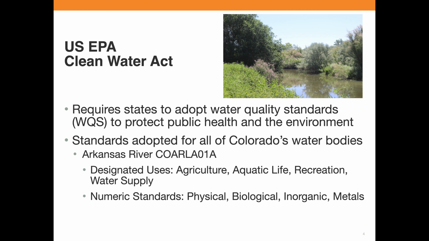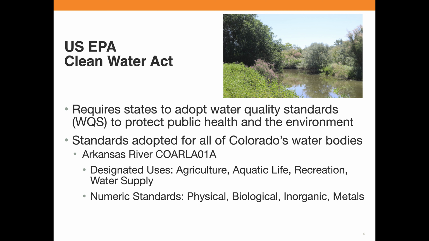A lot of them are numeric and have to do with physical, biological, inorganic, and metals parameters. Physical is the temperature of the water, how much dissolved oxygen is in it, and pH, how acidic or alkaline it is, to make sure that fish and other organisms can live. Biologically, we want to know whether it can support life, or whether it supports too much life, with E. coli or chlorophyll A, which is algae.